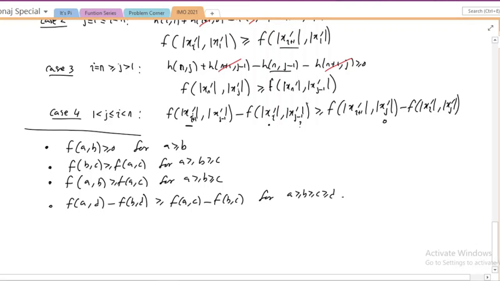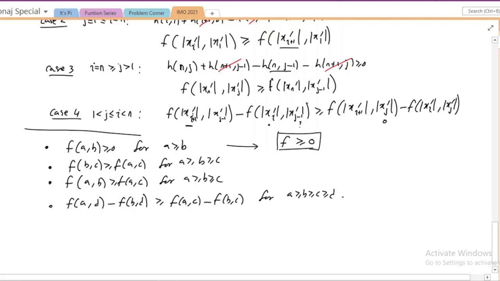So if we do that, then these conditions can be translated into whether the function is increasing or decreasing. So for the first one, it just means that f is always greater than or equal to 0. For the second one, now we see that the second coordinate c is fixed.